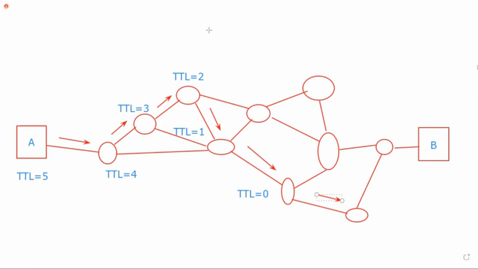This packet will actually be discarded when the TTL becomes 0, right? So you have to make sure that the TTL value you use makes sure that the packet lives in the network before reaching the destination. Right? So if it expires somewhere in the middle, then definitely that packet will be gone, right?